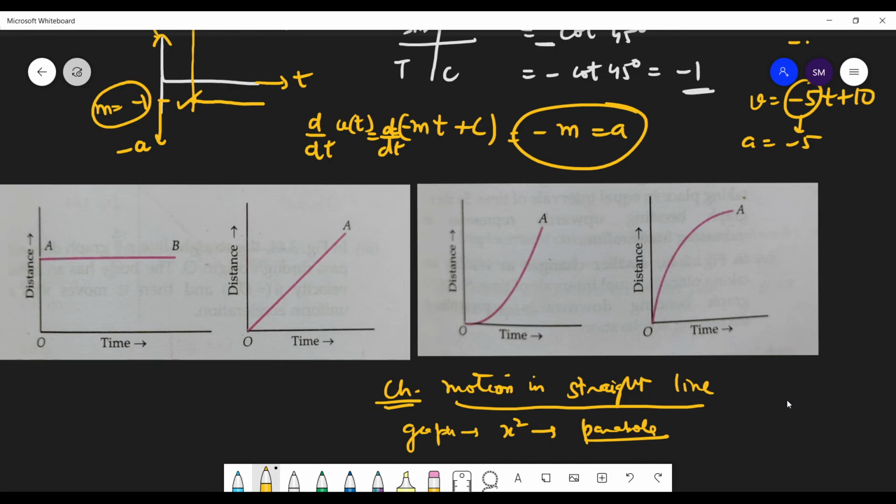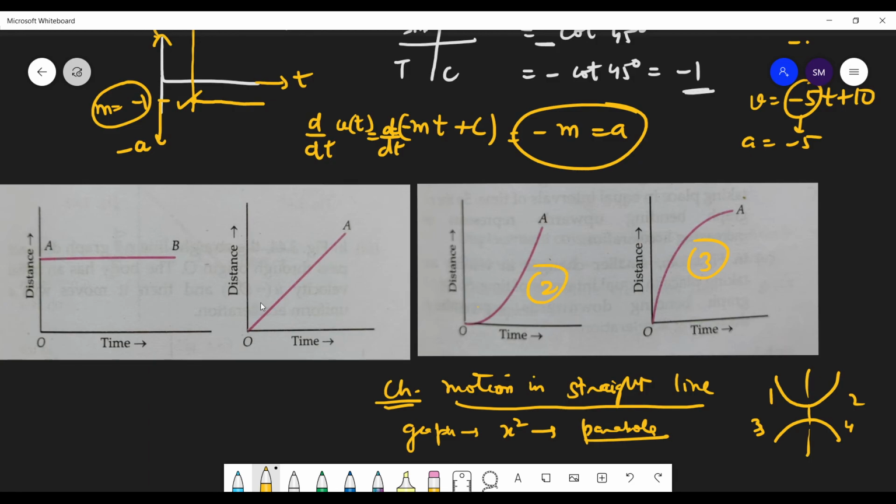So you know, always draw parabola like this, 1 2 3 4. So which type is it? Second.